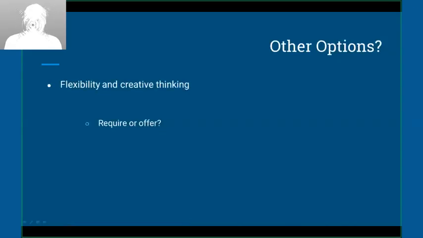And then thinking about other options that might be available. Again, there's room for flexibility and creative thinking around how concerns can be addressed, particularly if you have maybe a complainant that doesn't want to participate in a process. There might be other ways that the students involved can be supported, that education can be provided that doesn't necessarily involve investigating and making a finding as to whether a student violated policy or not.